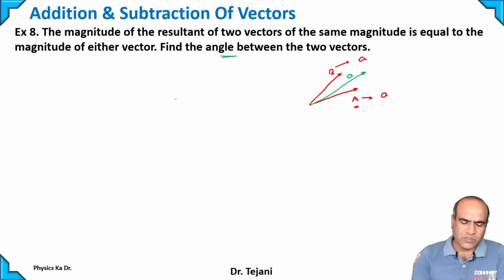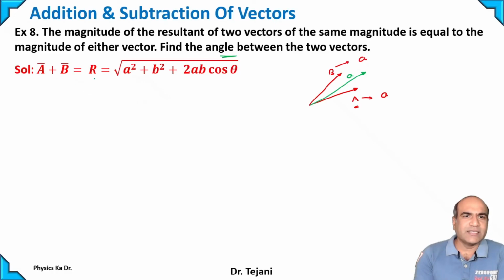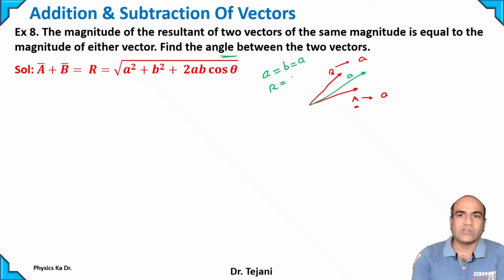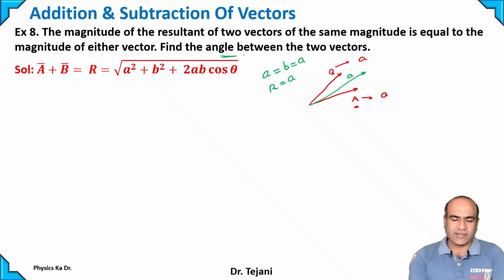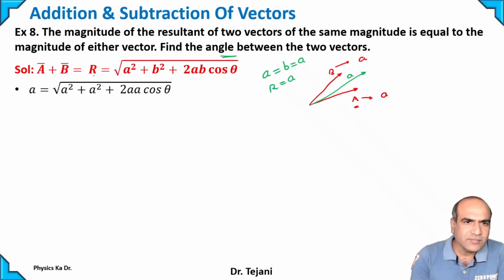Right. So we know the equation: resultant is equal to under root a square plus b square plus 2ab cos theta. Here it is mentioned a is equal to b, so let's take a, and the resultant is also a. Let's put the data. R is equal to a, a square plus b square becomes a square plus a square, 2ab becomes 2aa, that means 2a square cos theta.